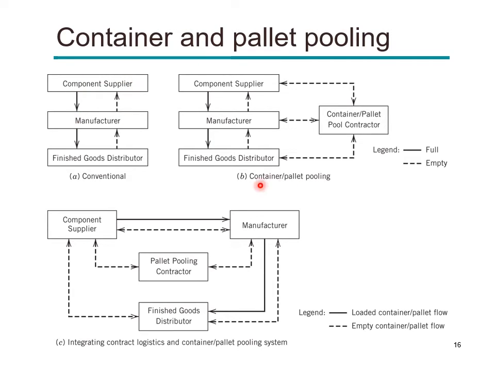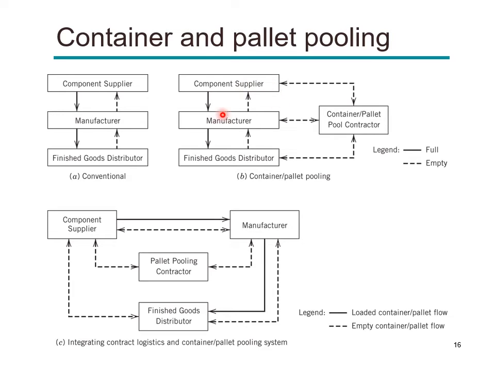In pallet pooling or container pooling, there is a third party who manages these. Again, these individual parties of the supply chain send back and forth these empty and loaded containers and pallets.